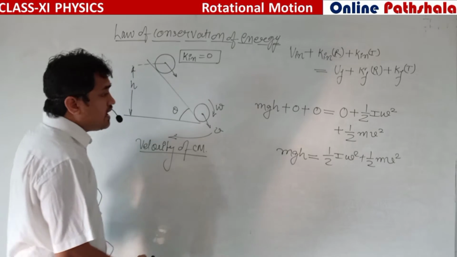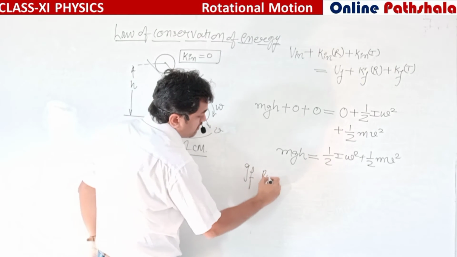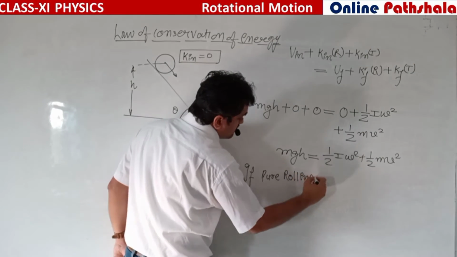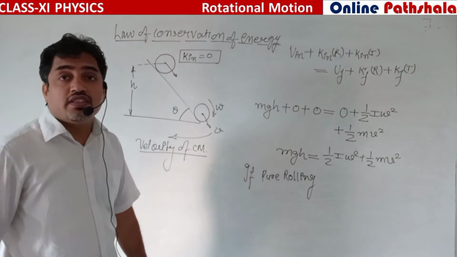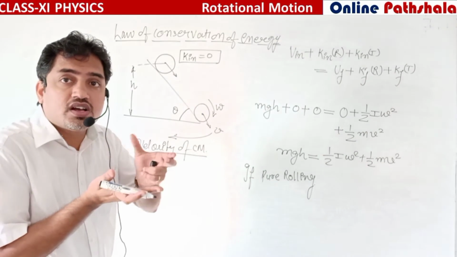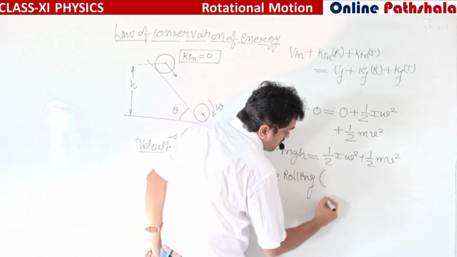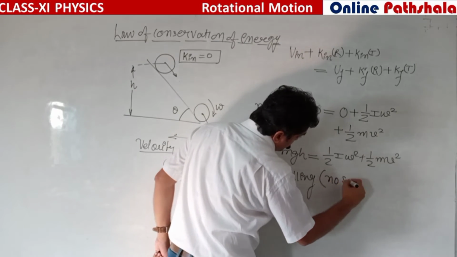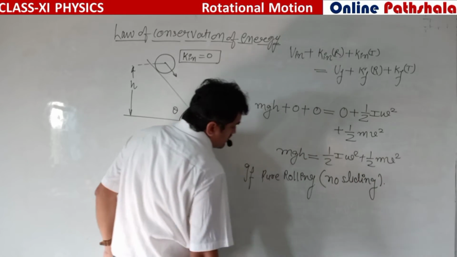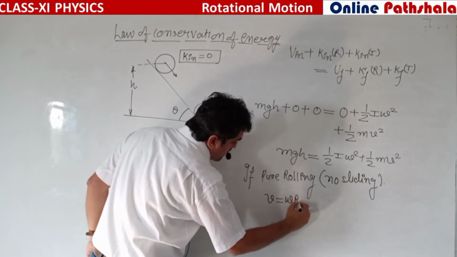If this body is performing pure rolling, and pure rolling means there is no sliding between the inclined plane and the spherical or circular body, in this case v can be written as omega r.